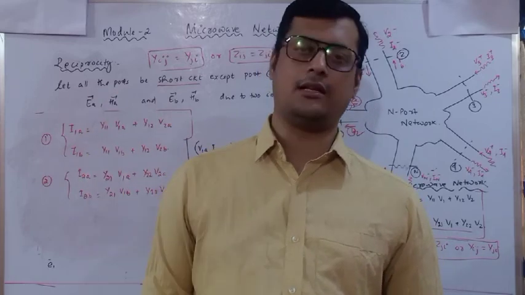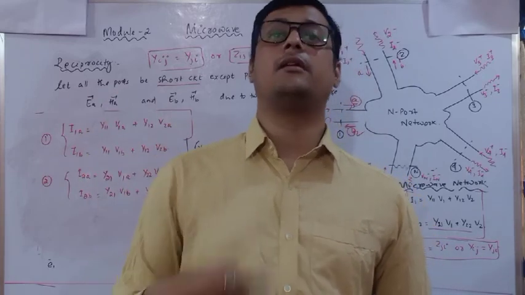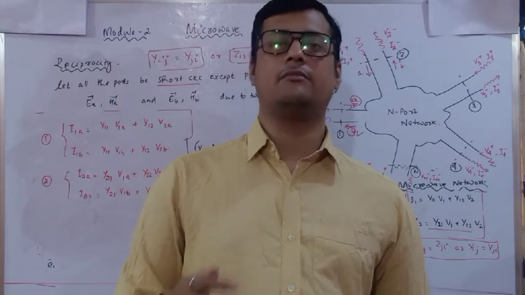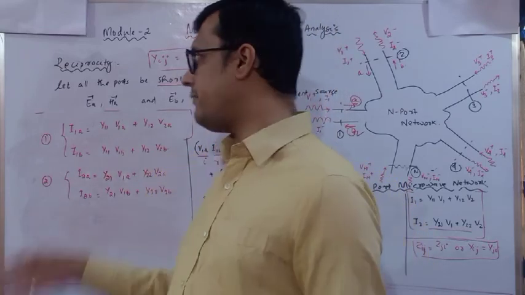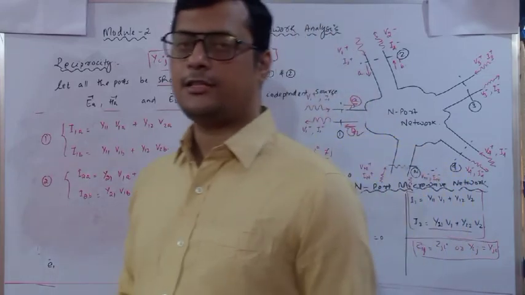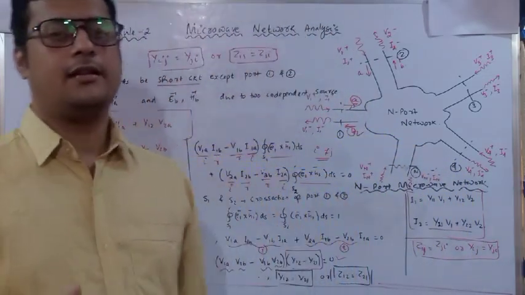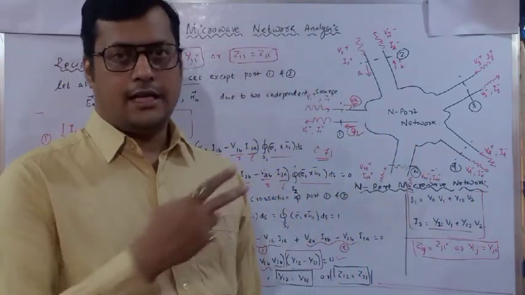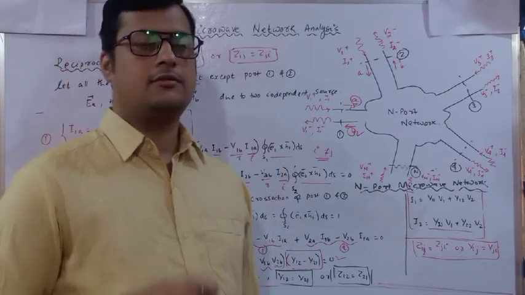Basically in the exam they will ask what the reciprocity theorem is in terms of the impedance matrix or the admittance matrix. That means you have to derive all these things. So this is the basic analysis behind the two-port network, as we have considered that the other ports are short-circuited.